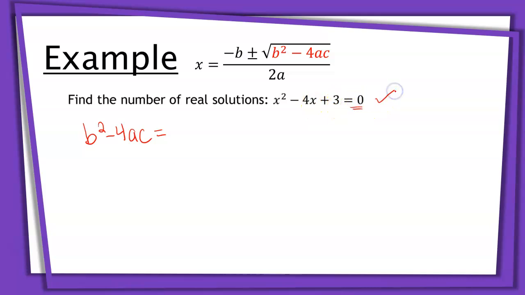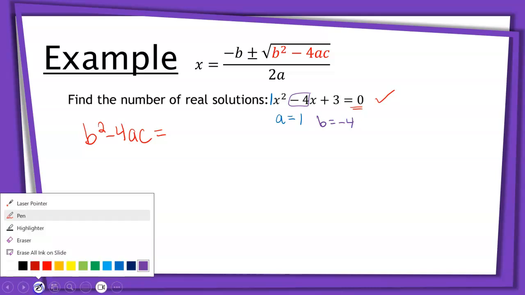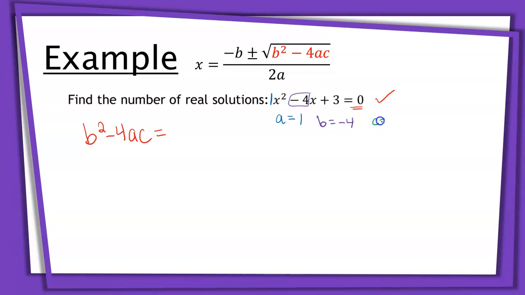Yes, it is. And then from there, I can determine my a, b, and c. Well, a is equal to 1. That's the number in front of x squared. B is equal to the b term, which is negative 4. That's the one in front of x. And then c is equal to my term by itself, which is 3.